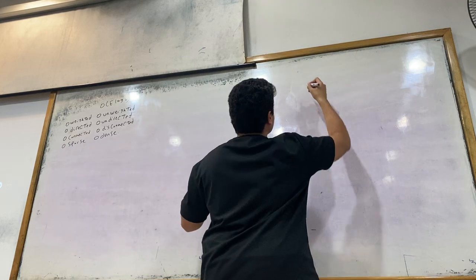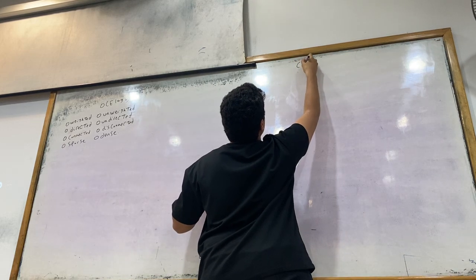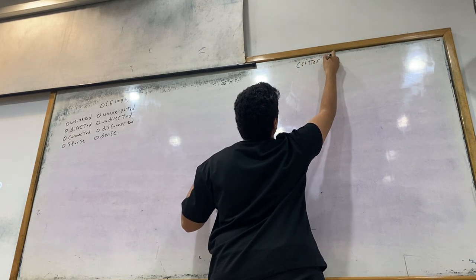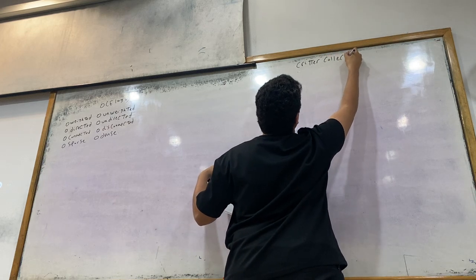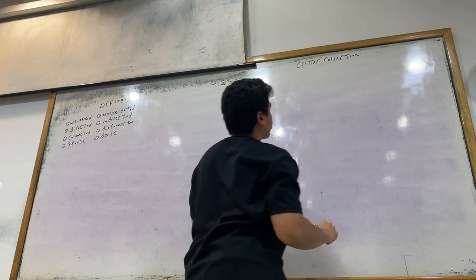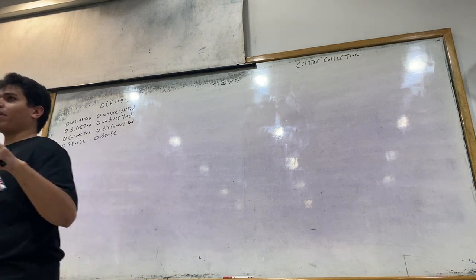Okay. What does the problem state? The problem is called Crater Collection. Do you know what a crater is? Crater is like monasteries.